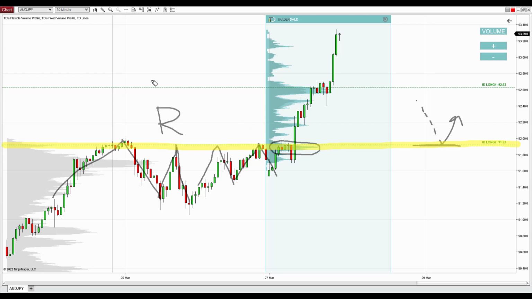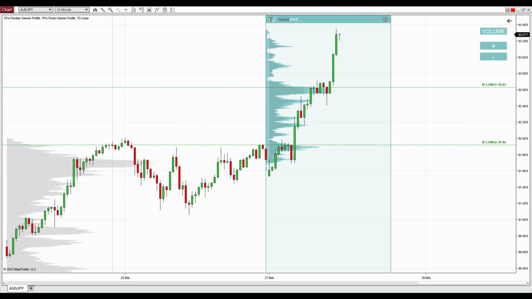What happens when a resistance gets breached, like in here, is that the strong resistance becomes a support. So because this resistance became a support, this zone is now a strong zone to trade from. It's not only the volumes in here, but also this price action setup.